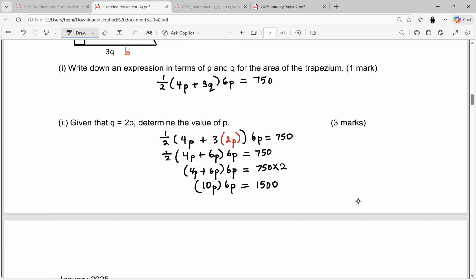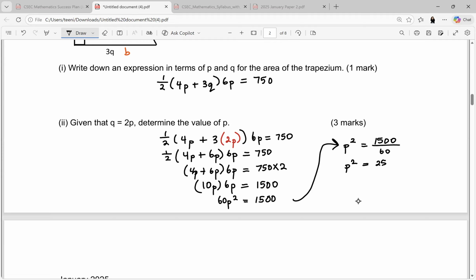10p times 6p would give you 60p squared. So 60p squared is equal to 1500. So if 60p squared is 1500, then p squared is equal to 1500 divided by 60, which is 25.